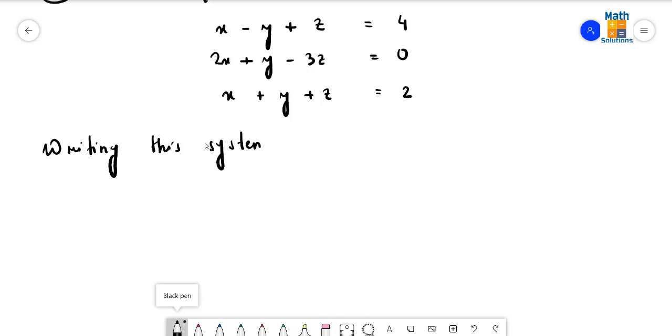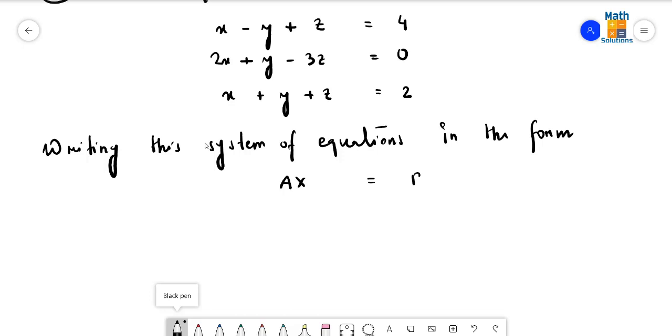system of equations in the form AX is equal to B, such that A will be equal to all the coefficients: 1, minus 1, 1 from the first row, from the second row 2, 1, minus 3, from the third row 1, 1, 1.